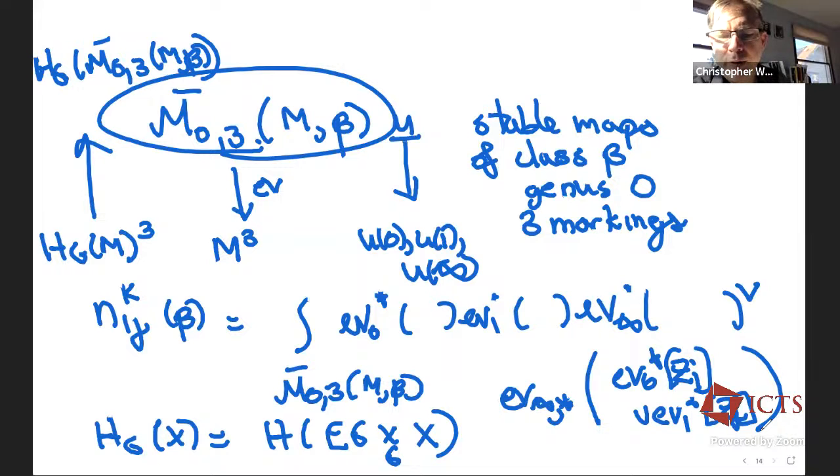And that push forward uses the fundamental class on the moduli space. But this push forward definition also makes sense equivariantly. You have a sort of fundamental class in equivariant cohomology, which you can use to define this. Okay.